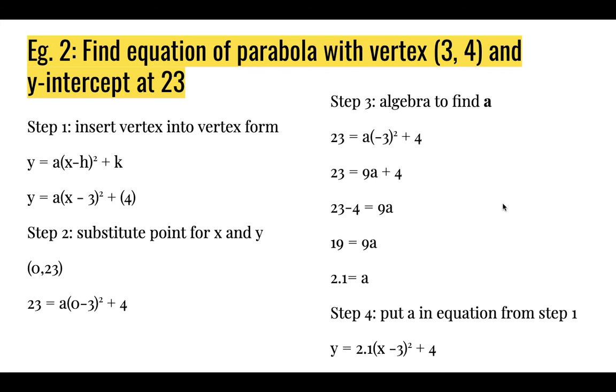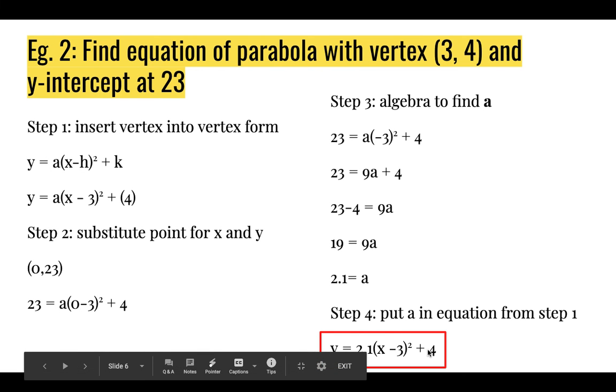So your final equation there is 2.1 times (x minus 3) squared plus 4. Now, if you do use a decimal like I have done here, when you graph it, it might not be exactly lined up with these numbers. You will get the correct vertex because the vertex is here, right? This will tell Desmos what the vertex is.